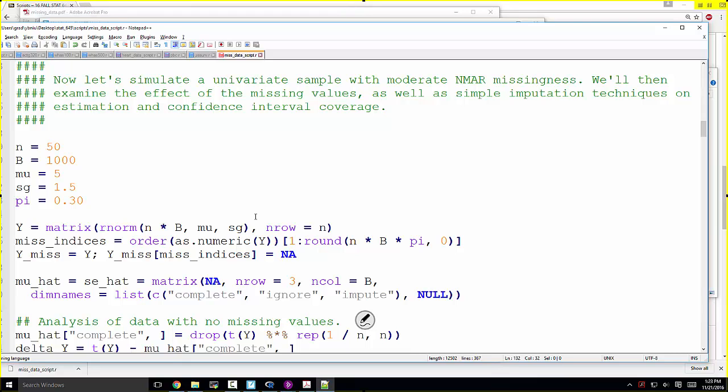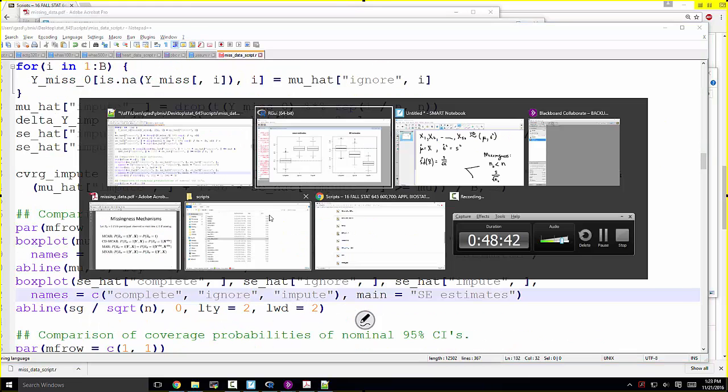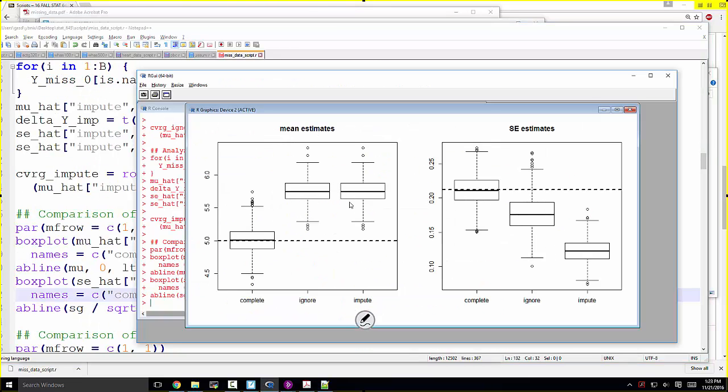So it's the other way around of the way I described it. These would be the people who would have had the lowest values of our response tend to be missing. And what that translated to in terms of estimates of the mean is overestimates.